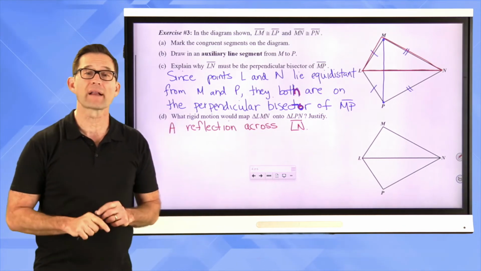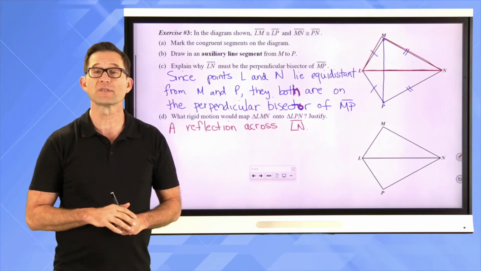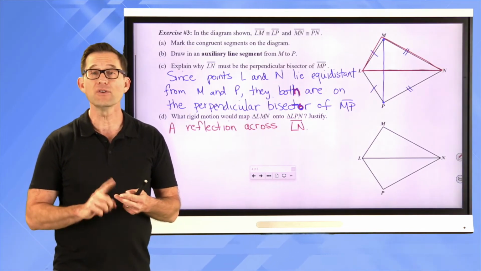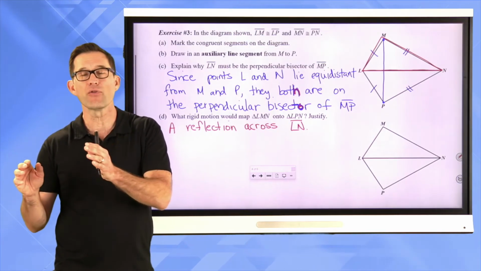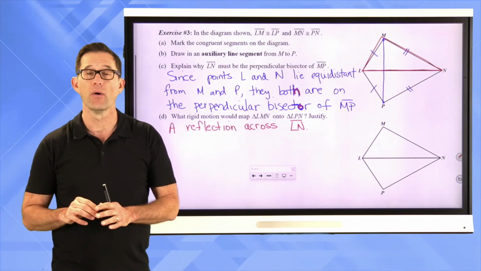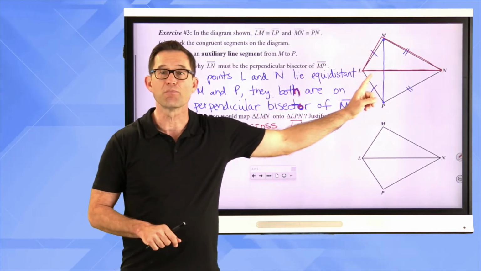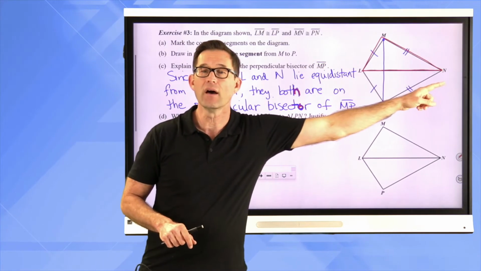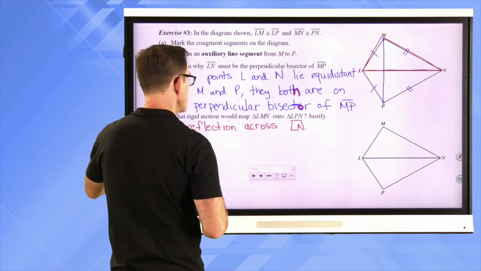Now, how do I justify it? Whatever the rigid motion is, you now have to explain why each one of the vertices of one triangle gets mapped onto the three vertices of the other triangle. Well, two of the three vertices are going to be a piece of cake, because points L and N are going to get mapped to themselves because they lie on the line of reflection.